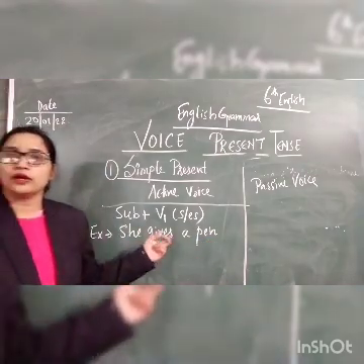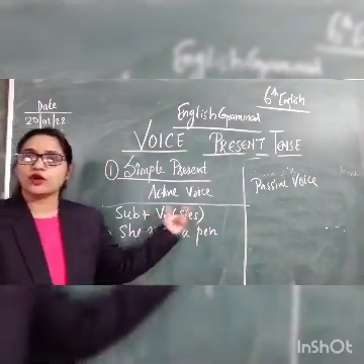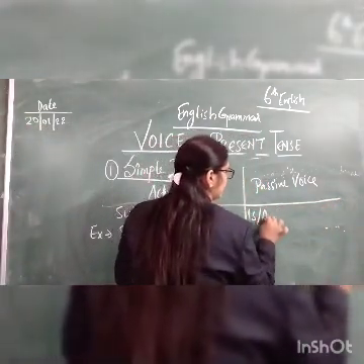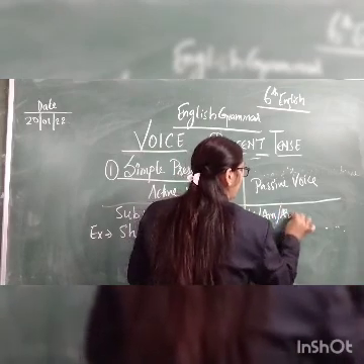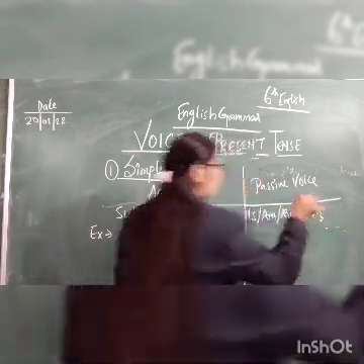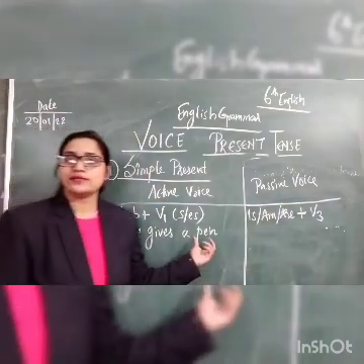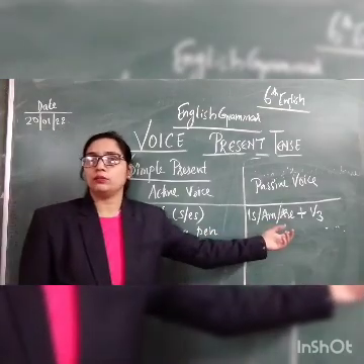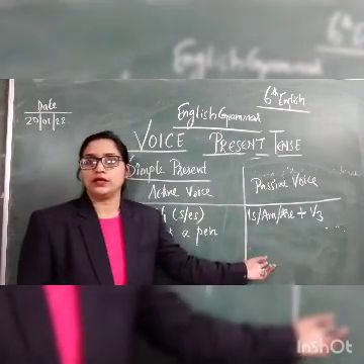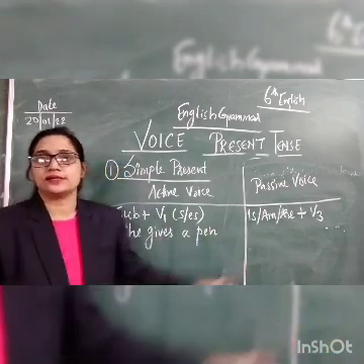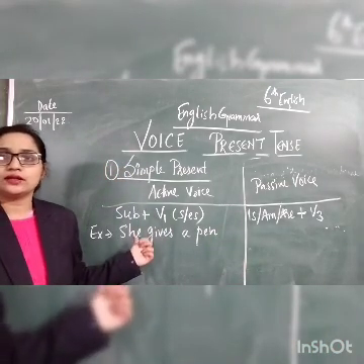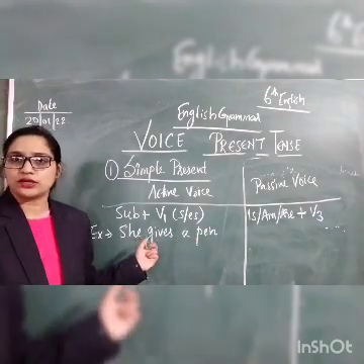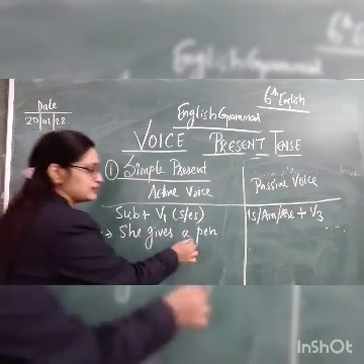Now when we want to change this active voice into passive voice, the structure will be is, am, are, third form of the verb. Always remember, when you change any tense into passive, there will be verb third form only, in each tense. Now here the subject becomes object and object takes the place of subject. So here the object is a pen.